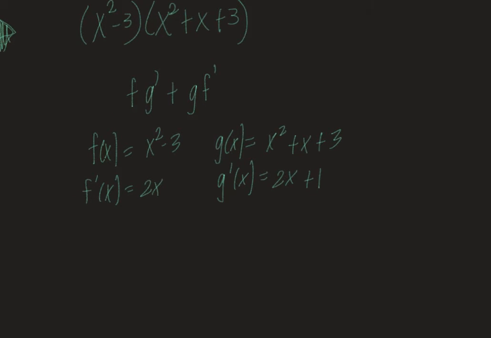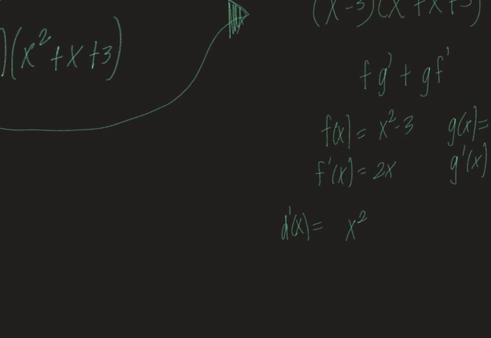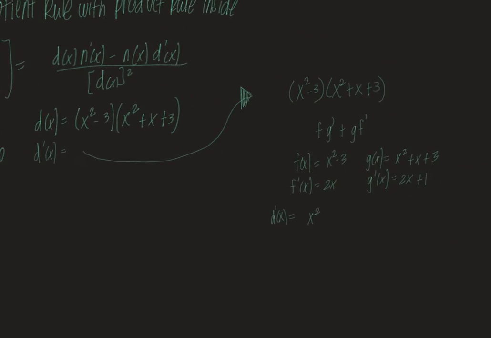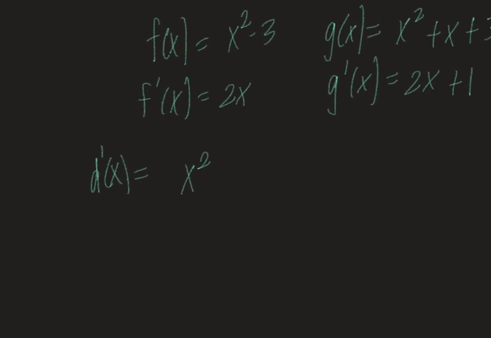So plug all of this new info into this guy, and we get that derivative. And see, this is the derivative of the denominator really for this whole other problem right here. Okay, so that's why I labeled it d prime.